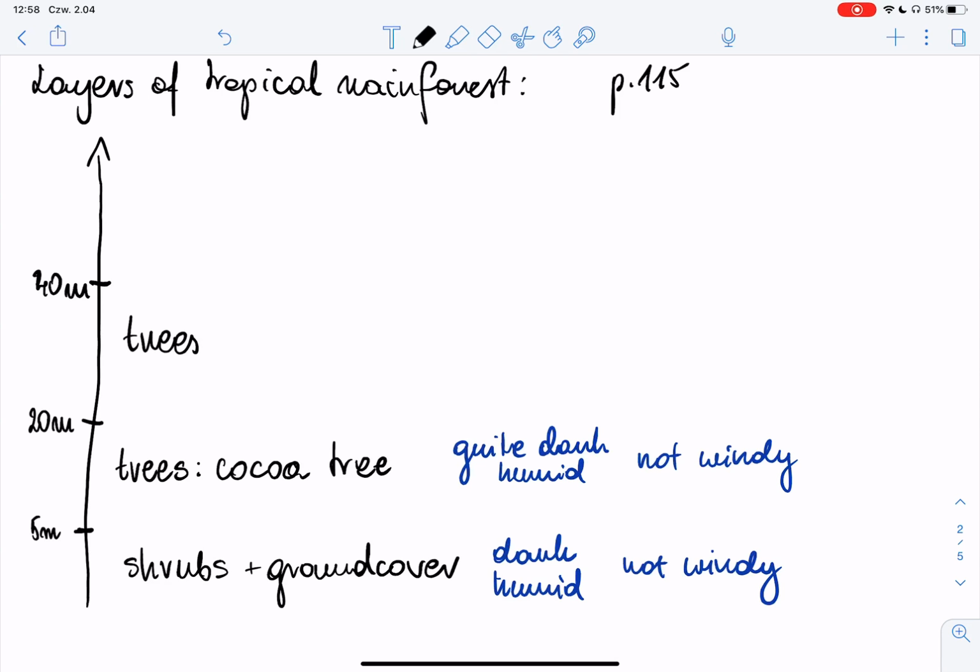What's interesting in this layer is the fact that on those trees other plants are growing, and one of the examples are orchids. The orchids that we have in our homes, as you can see, they don't have roots as many as plants usually have, and basically they aren't growing in the soil, they are growing on a tree bark. This is because in the wild they live on other trees.